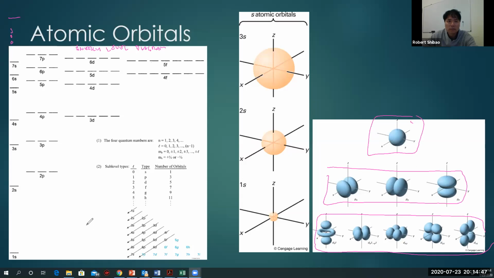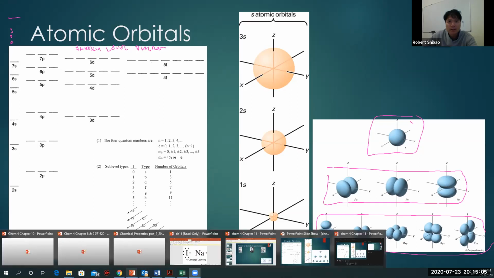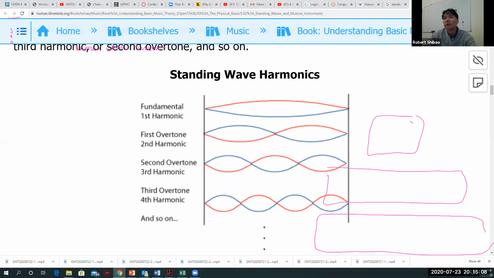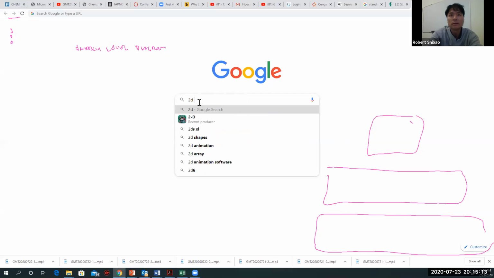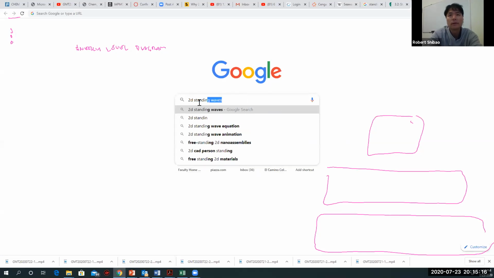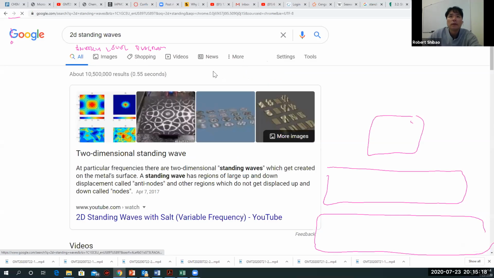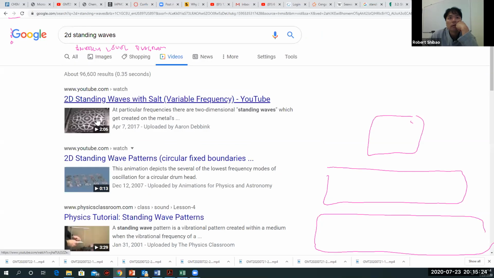Let's take a look at two-dimensional standing waves. Those are easy to visualize. We see quantization, like a two-dimensional standing wave would be like a drum. You know, there are forbidden sounds from a drum and allowed sounds from a drum. So let's look at 2D standing waves.